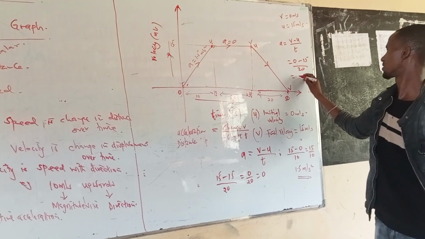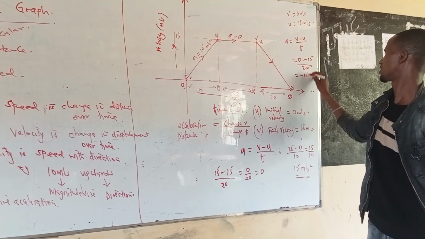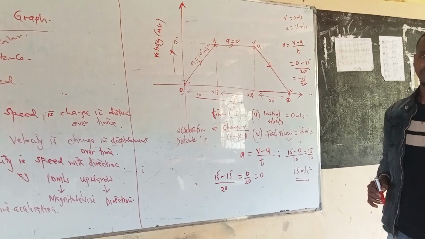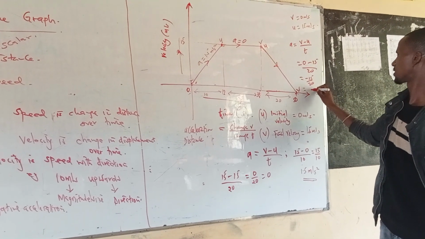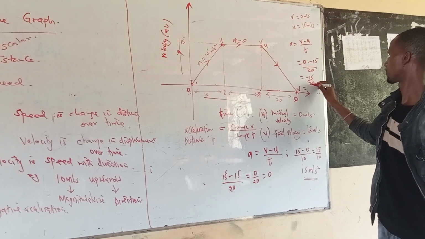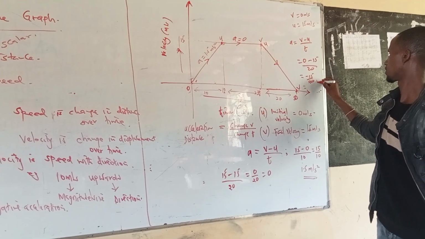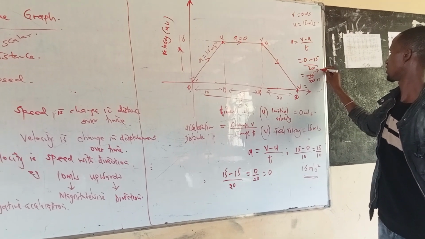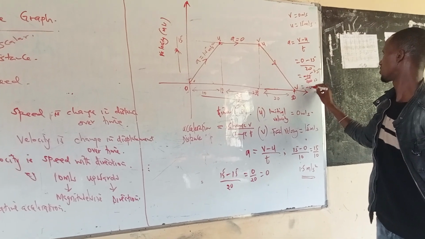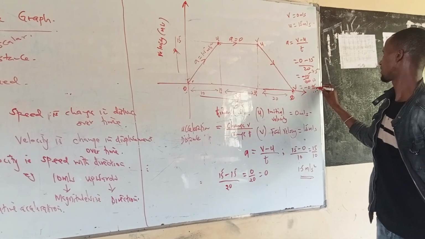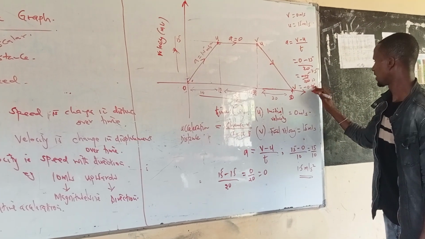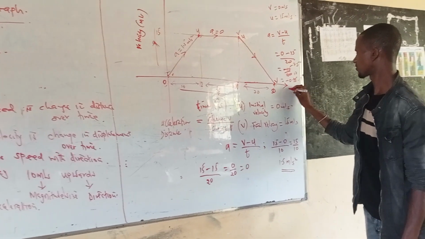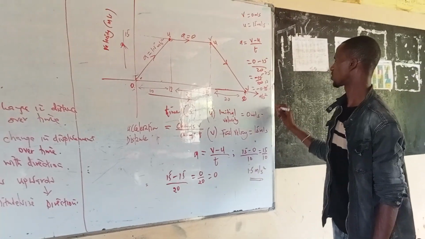This gives us negative 15 over 20, which is negative 0.75 meters per second squared.